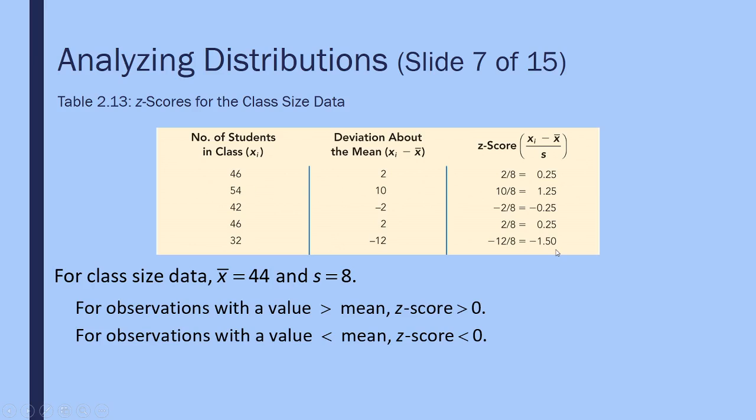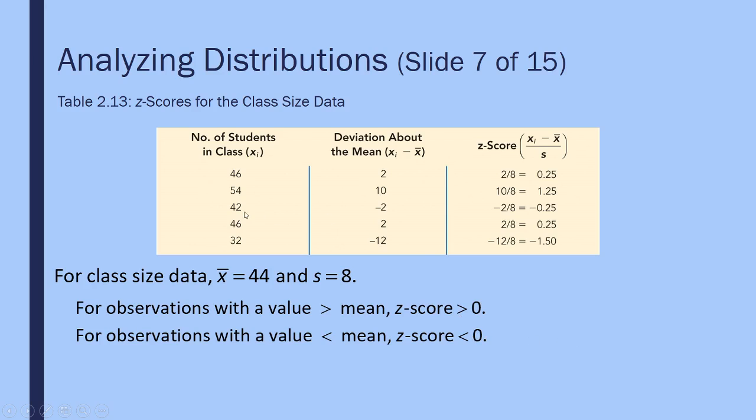Now, for the class size data, which has a mean of 44 and a standard deviation of 8, the observations with a value greater than the mean have a z-score greater than 0. And for the observations with a value less than the mean, the z-score is less than 0.